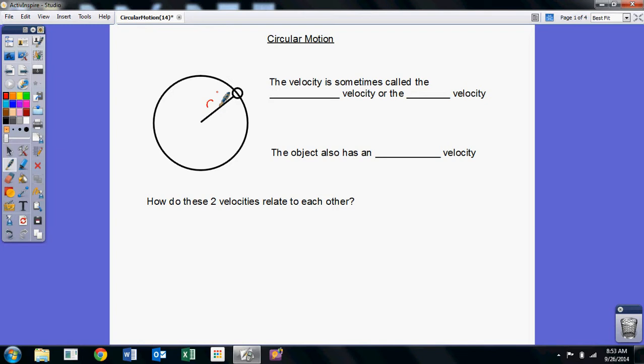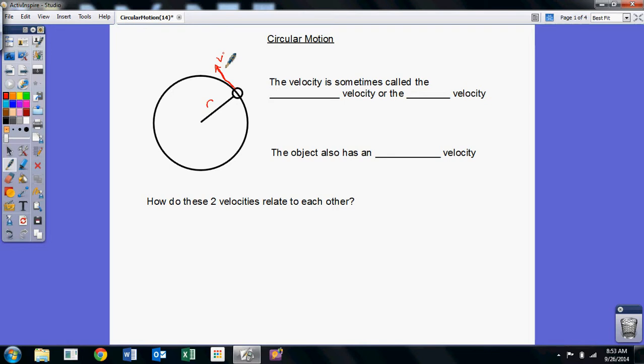Since you have previous experience in physics, hopefully you remember that the velocity vector, and let's assume that this is going in the counterclockwise direction, is tangent to the circle.